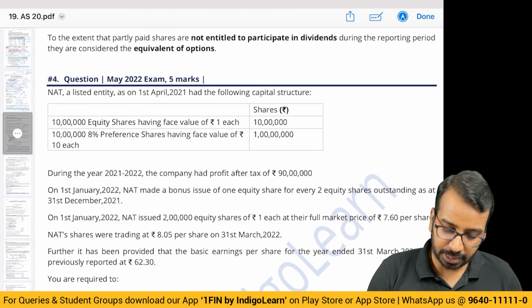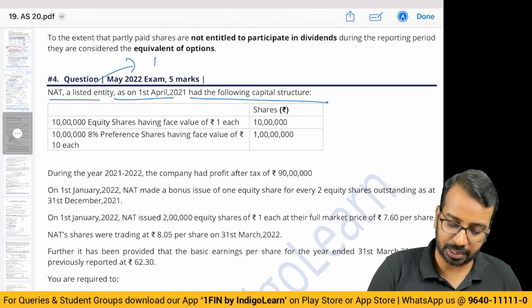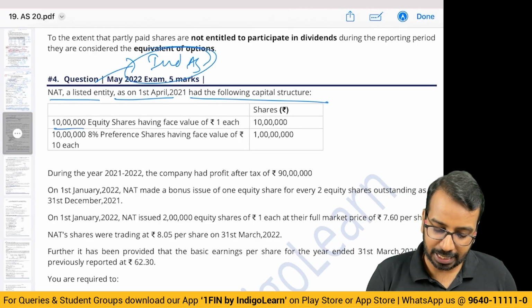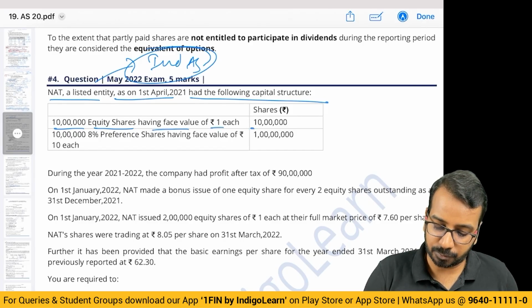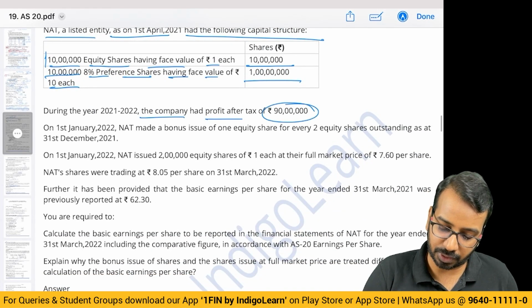This one. A listed entity on 1st of April had the following capital structure. See, for a listed entity, actually Ind AS is applicable. But anyways, we'll have to do as they have given the question. 10 lakh equity shares having face value of 1 each, 10 lakhs. 10 lakh 8% preference shares having face value of 10 each, 1 crore. During the year, the company had profit after tax of 90 lakhs.